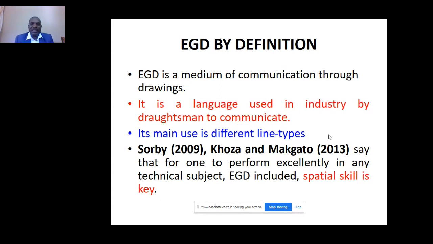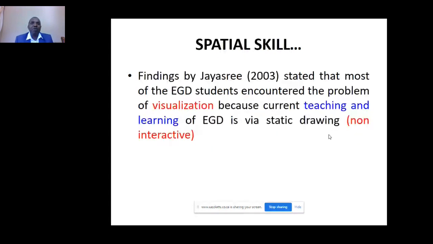Most of the EGD students encounter the problem of visualization, because sometimes you find that teachers are trying by all means to do their best, but the problem is they don't know how to explain some of the concepts, because some of the learners themselves have not even been exposed to EGD concepts, they have not seen them.